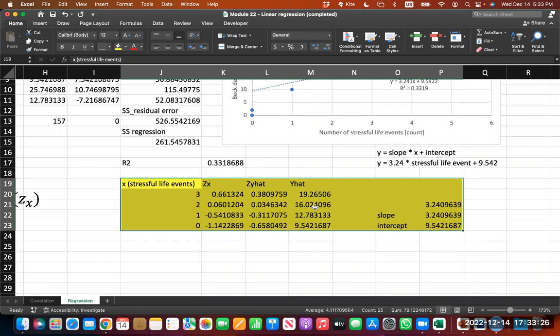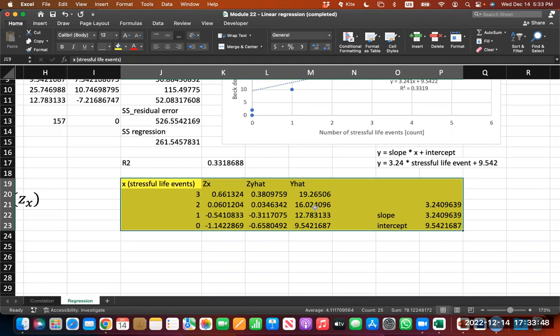So everything smaller than 1.9 will be negative. Everything greater will be positive, just like we always standardized, right? Multiplying this with the correlation coefficient gets you to a standardized y hat. With the standardized y hat, you just need the actual mean of y, which was 15.7. That basically gets you to an actual y hat.